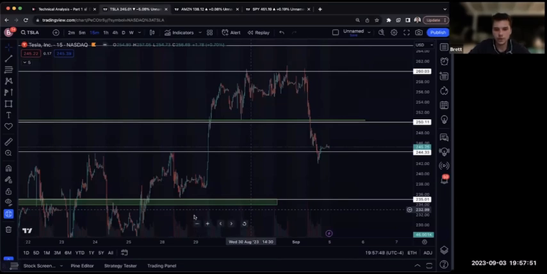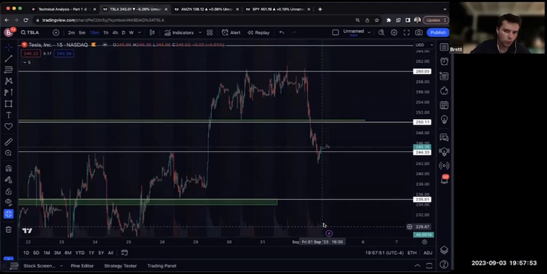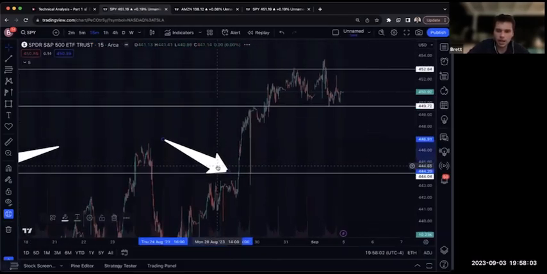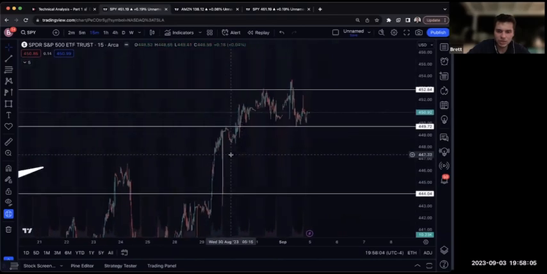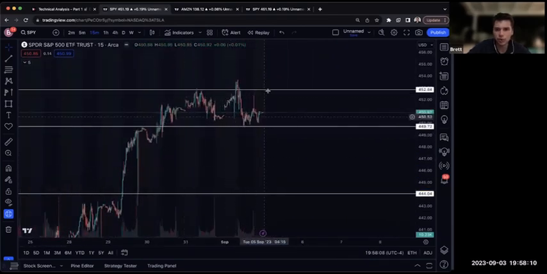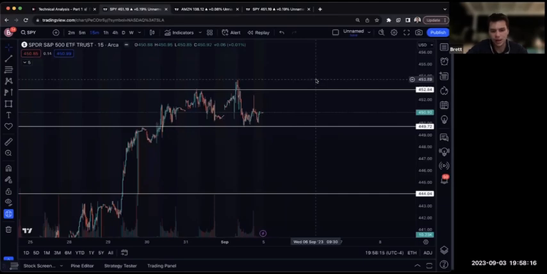Do you rechart every night? I only rechart when I update my levels daily. So I'll go to SPY and ask, what do I have to change here? This is my chart from Friday. Does anything have to be changed? Well, no. Maybe I'll add a smaller line here at the previous day high.